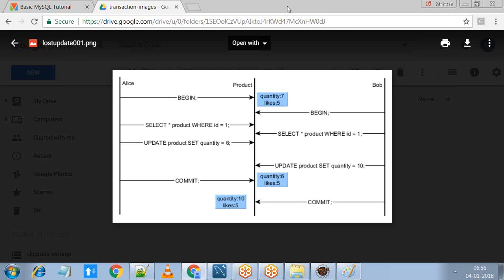So this is the lost update issue. So how will you address this lost update issue? What do you people think? By placing a lock on the transaction. Okay, so what should be the lock here?